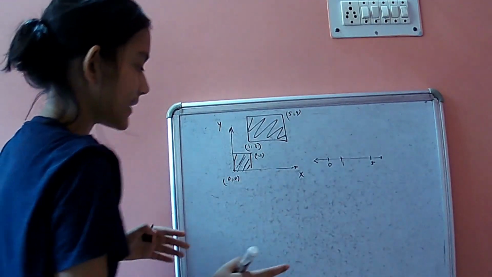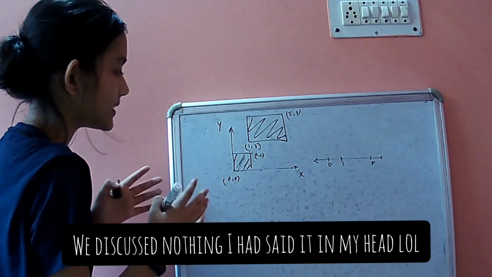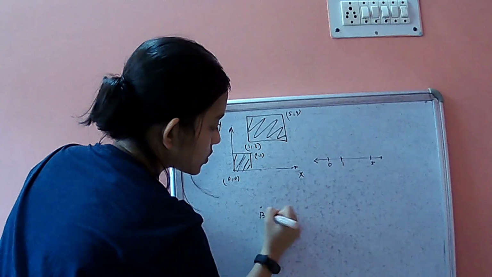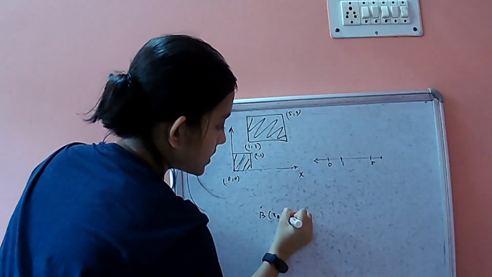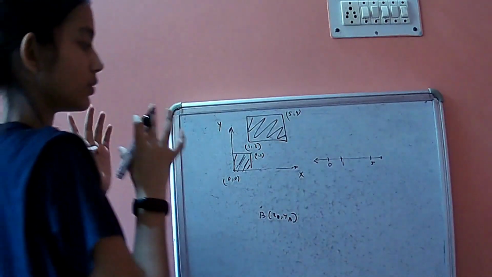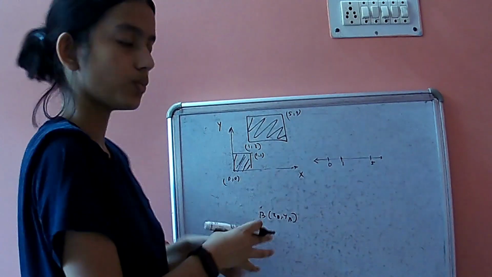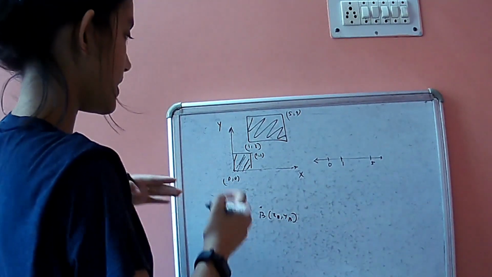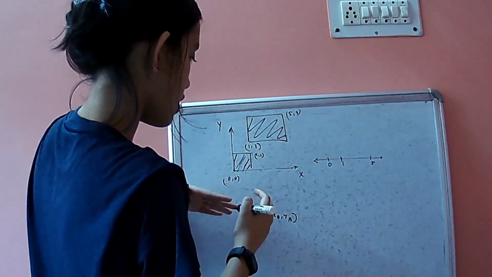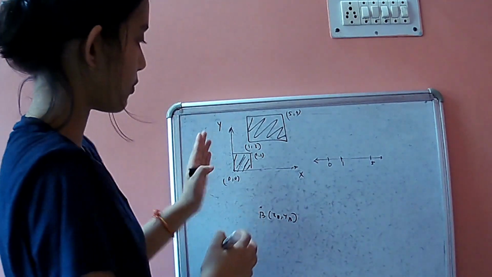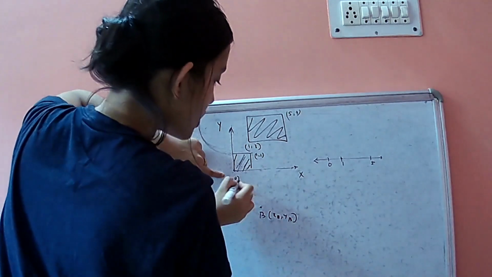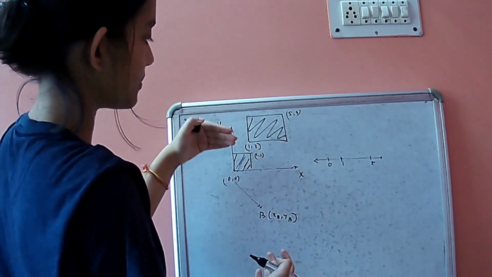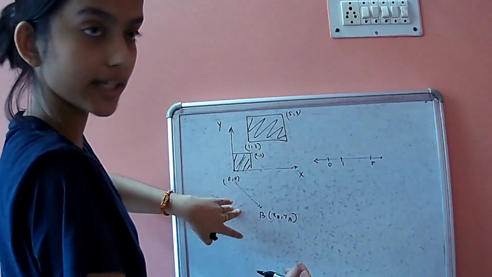Because you see, like we discussed earlier, if b, which is xb comma yb, is the resultant coordinates of the bottle that we need, then the distance of a certain point of this body from 0 comma 0 would be equal to the distance of the entire body from this point.